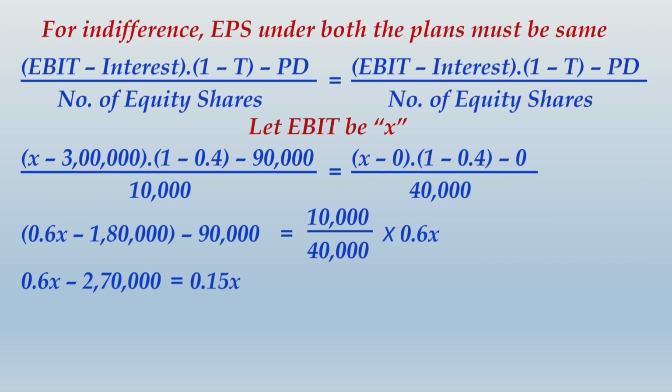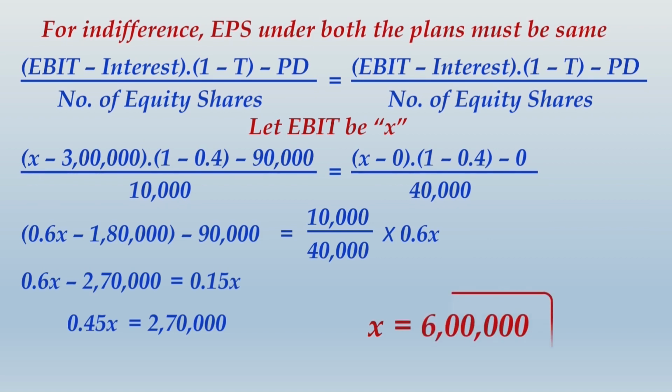Solving it further, from 0.6x you subtract 0.15x, and you bring this minus 2,70,000 to the right hand side, you will get 0.45x equal to 2,70,000, and then you can comfortably find the value of x. X will be 6 lakhs.